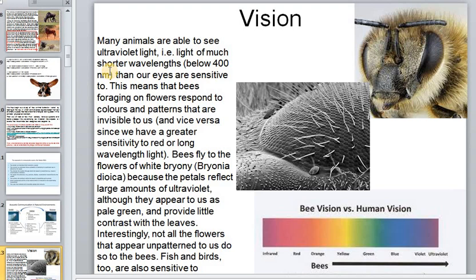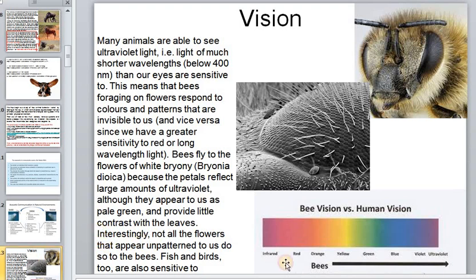This means that bees foraging on flowers respond to colors and patterns that are invisible to us, and vice versa, since we have a great sensitivity to red, or long wavelengths. Bees fly to white flowers, for example, because they reflect a large amount of ultraviolet.